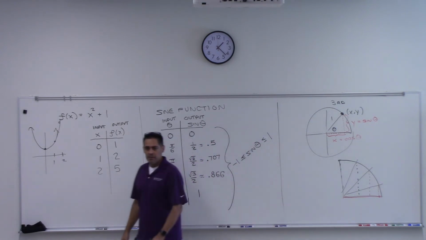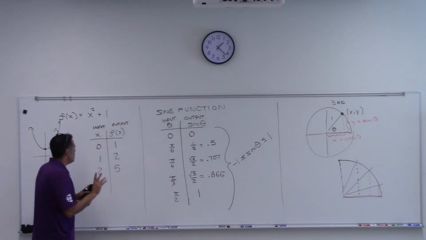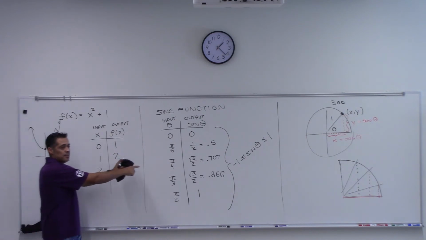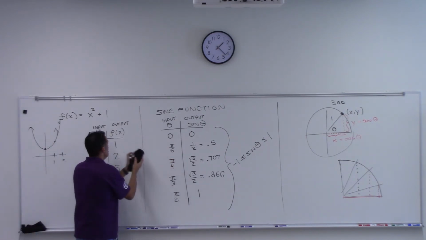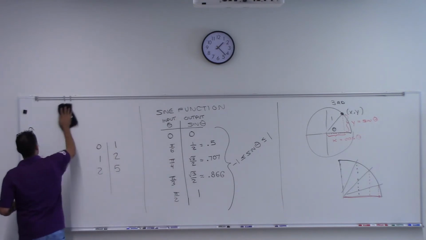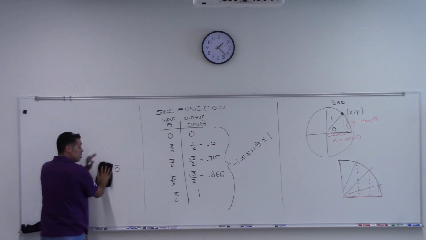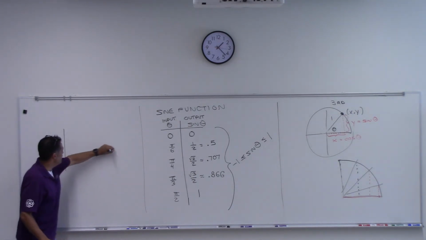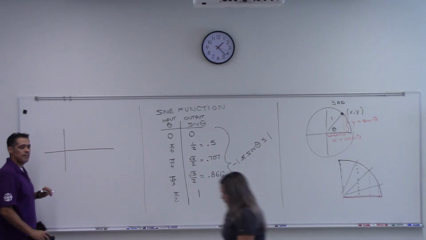Yeah? Okay, so here's the part that I think is tricky, because we want to graph this. So if I go to graph this, what I should do is this. I should put this here.